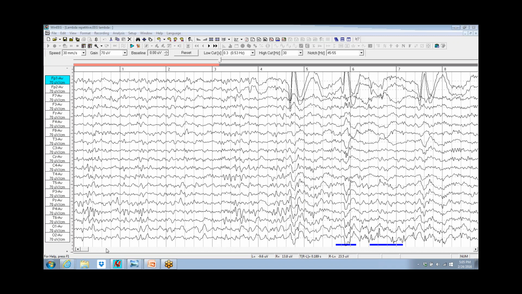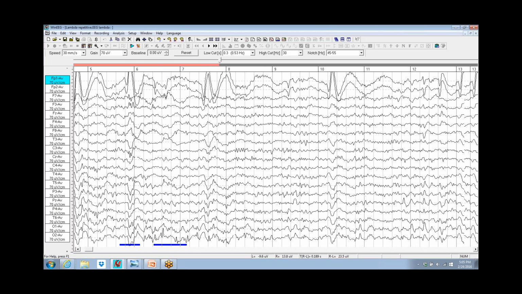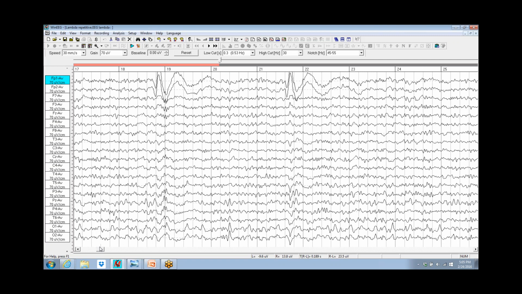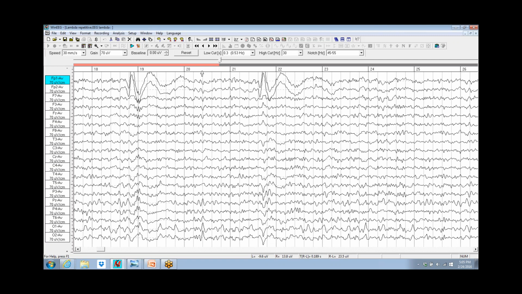On rare occasion, as you go through the EEG, you may see something that looks like it happened in a widespread manner. You can see the little event at the back of the head here. This is called lambda, the little sharp potential at the back of the head. And it's actually a visual event-related potential.